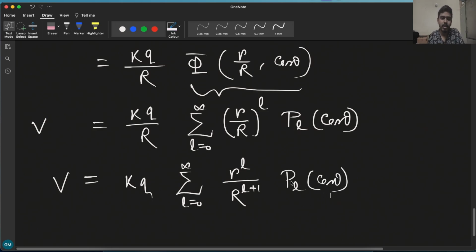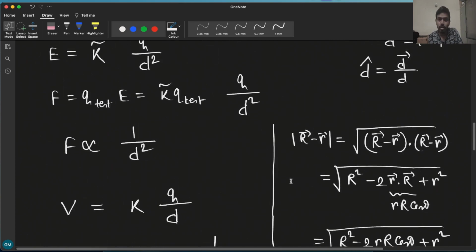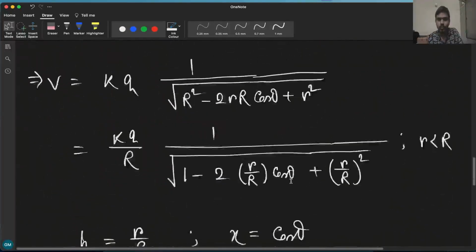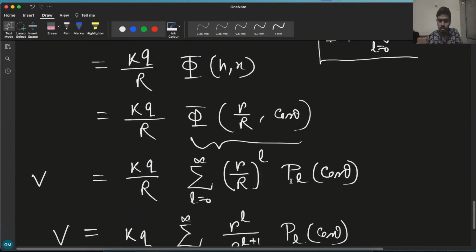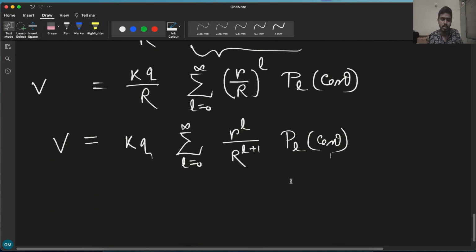So basically any inverse square potential, this I showed for electrostatic potentials, but also in case of gravitational potentials and all other inverse square potentials. For inverse square forces, the potential can be written in terms of the Legendre polynomials.